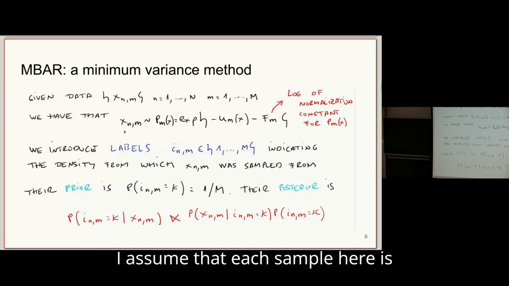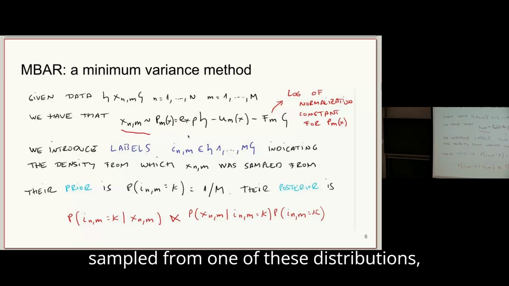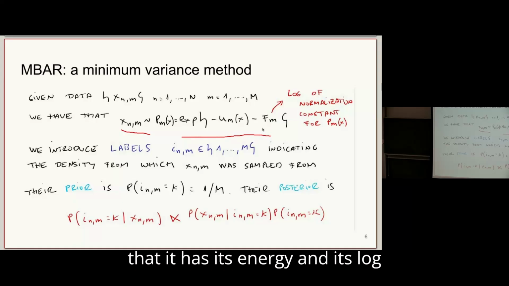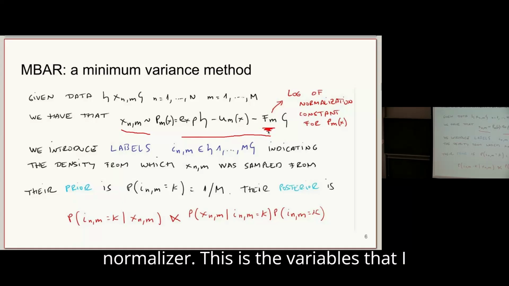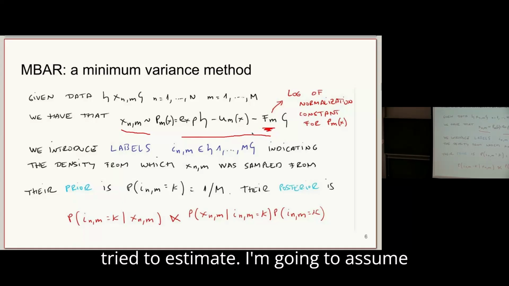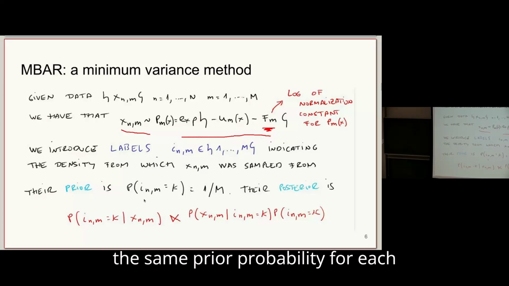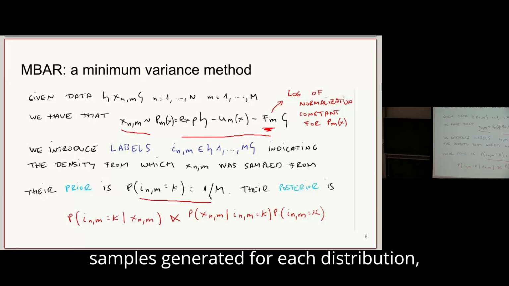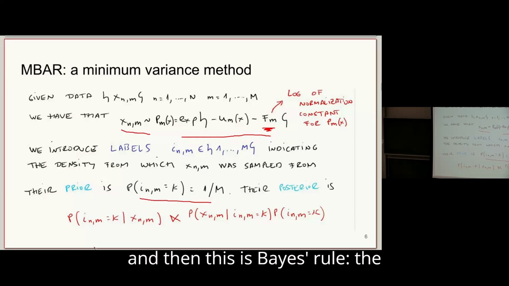I assume that each sample here is sampled from one of these distributions, that it has its energy and its log normalizer. These are the variables that I try to estimate. I'm going to assume the same prior probability for each category, so I have the same number of samples generated for each distribution. And then this is Bayes' rule.